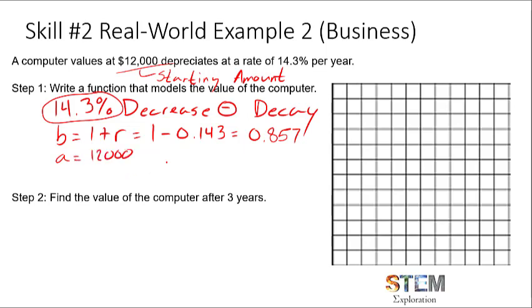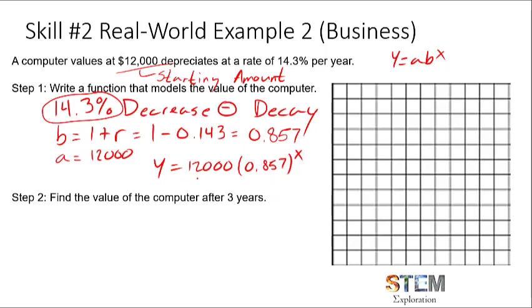So what we can do is, remembering that y is equal to a times b to the x power, y is equal to $12,000 times 0.857 to the x power.